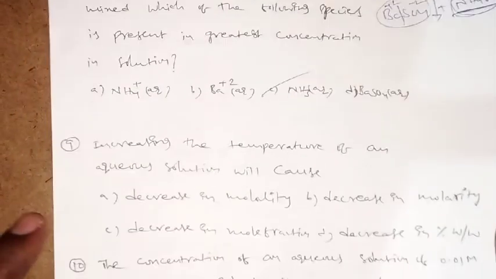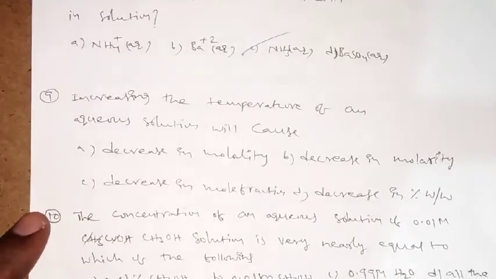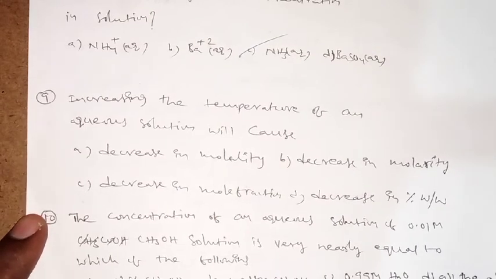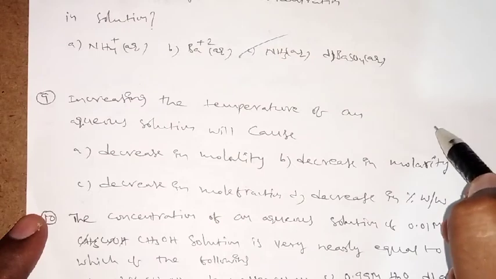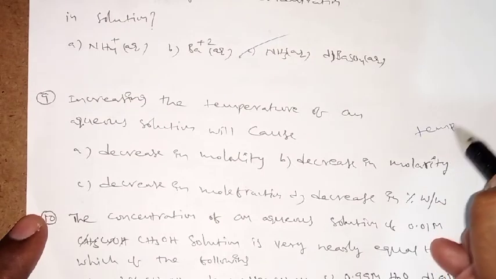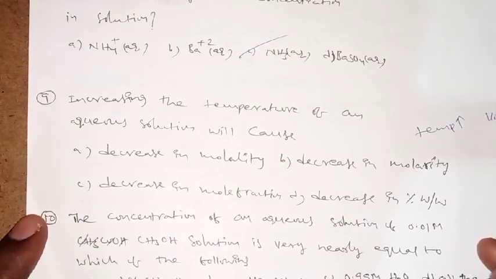Right. Look at the next question. Increasing the temperature of an aqueous solution will cause a decrease in molality, decrease in molarity, decrease in mole fraction, or decrease in weight percentage, weight by weight. Generally, temperature affects it: if temperature increases, volume automatically increases.